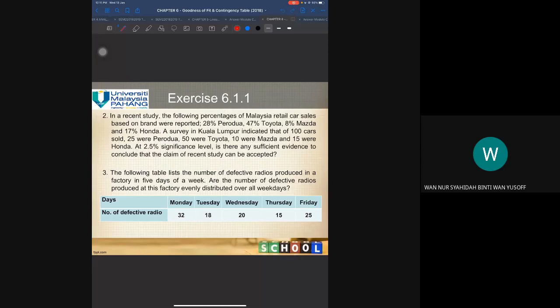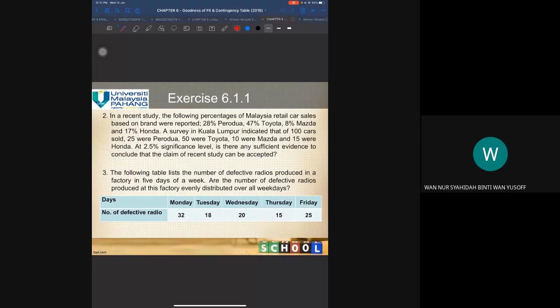You have 6.1 for the goodness of fit, and 6.2 for the contingency table. Under goodness of fit, you have similar hypotheses but of a different nature, depending on the nature of your data and the different distribution that we try to fit the data to.